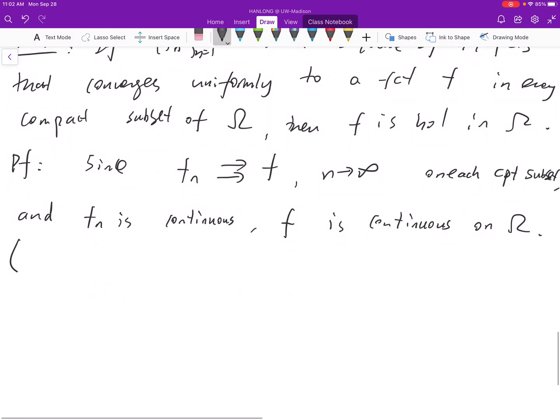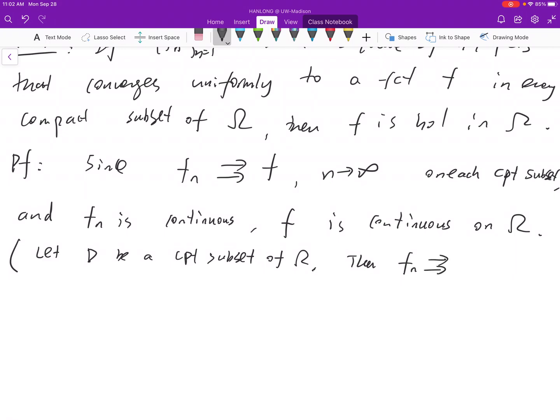So the argument, if you are not so familiar, let me repeat. Let D be a compact subset of omega. Then Fn uniformly converges to F on D when n goes to infinity.